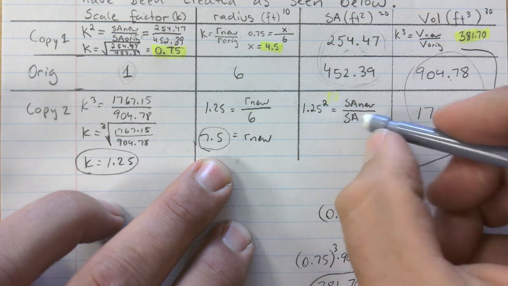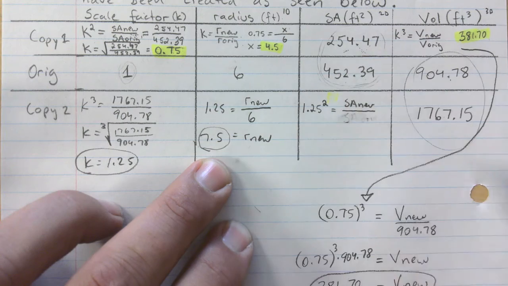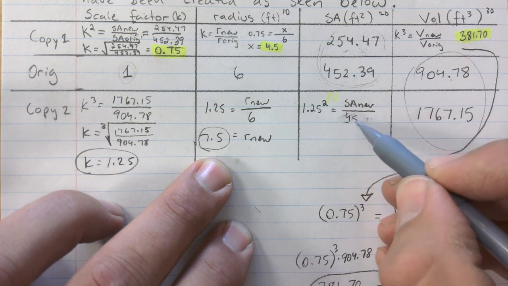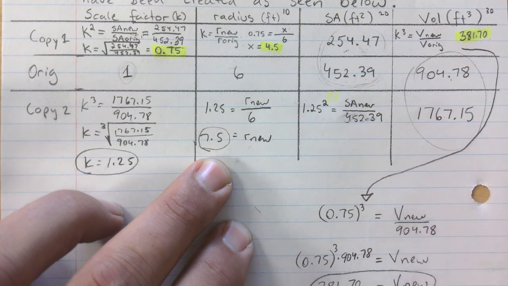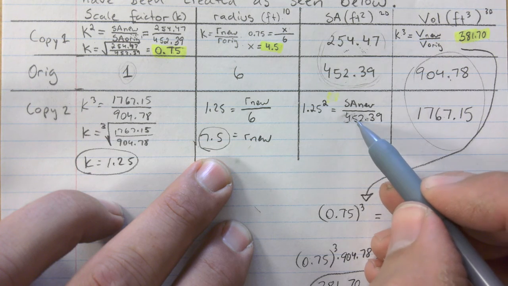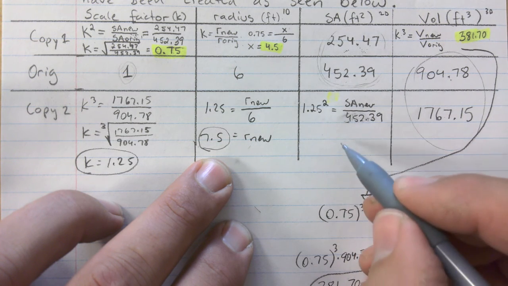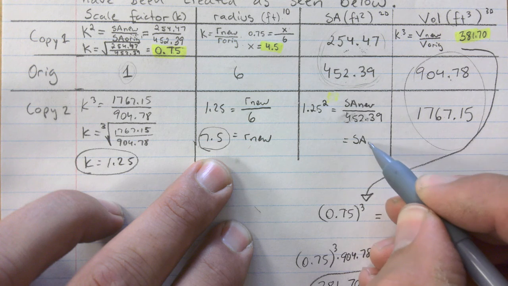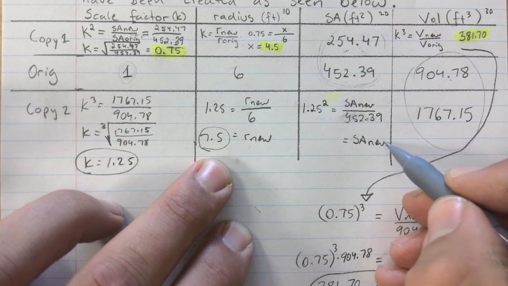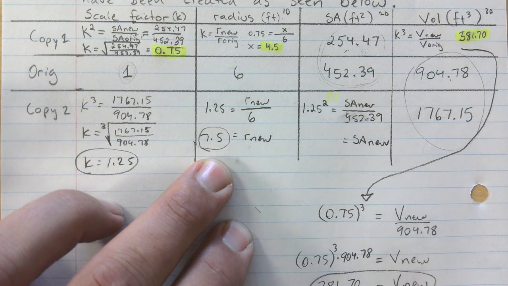Oh, I'm going to fill it in right away. That's 452.39. So it's really just this times 1.25 squared. And that is, I'm just double checking because my answer key seems a little weird.